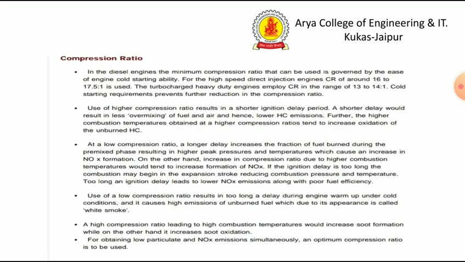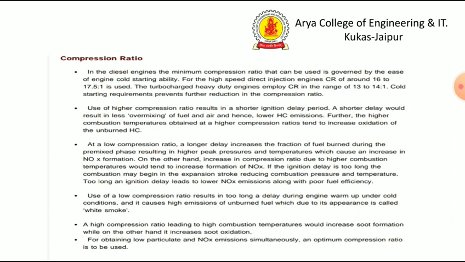Compression ratio. As you know, in diesel engines, the minimum compression ratio that can be used is governed by the ease of engine cold starting ability. For the high speed DI engines, a compression ratio of around 16 to 17.5 to 1 is used.